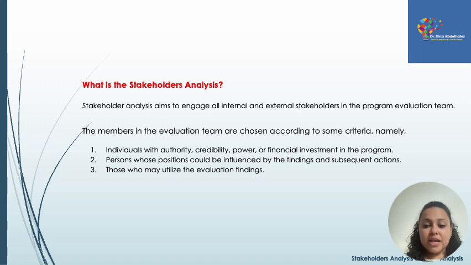These persons already have a position inside the implementation of the project. They are the managers, they are the coordinators of the project, for example. They help us in collecting the findings of the project, or they give us the findings of our data that we are collecting throughout the process of evaluation for the project.